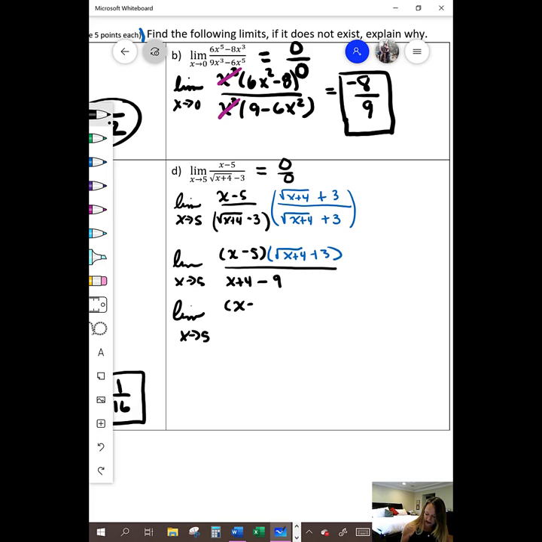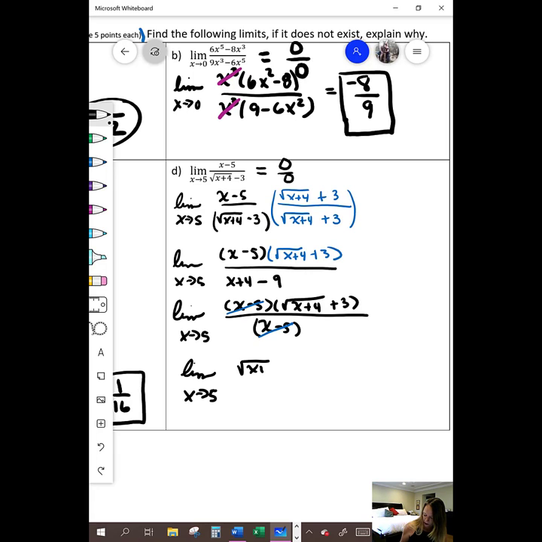So we have x minus 5 in the numerator, all times square root of x plus 4, outside of the radical is a plus 3, all over, simplifying that numerator, we have x minus 5. So we have factors that are the same. x minus 5s cancel.